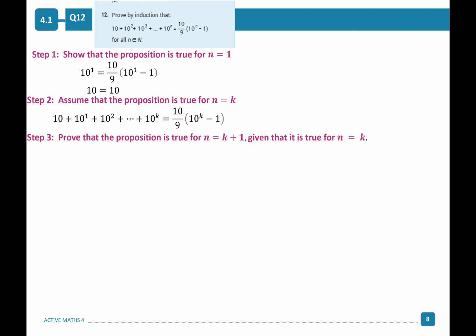In step 3, we have to prove that the proposition is true when n is equal to k plus 1. So we have to now prove that this is true for any term added on after k.